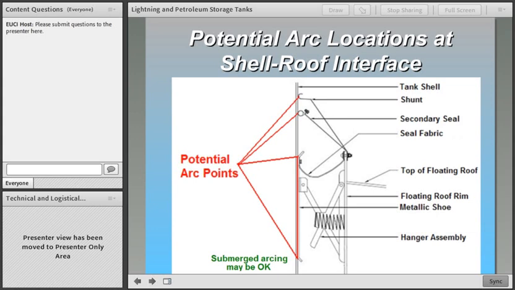There may be arcing here, and there may be arcing anywhere along this metallic shoe. Basically, if the shell is energized, there's a connection to the roof via the shoe. And so you may have unwanted, undesirable current flowing from the shell through the shoe and to the roof.